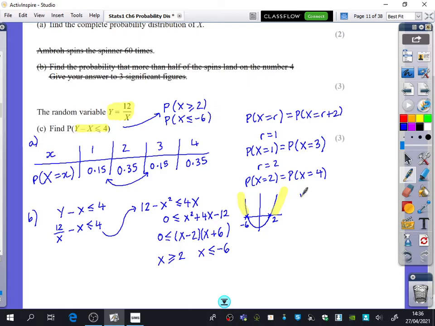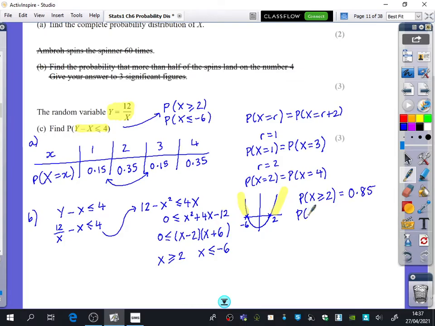So to finish this off, the probability that x is greater than or equal to 2 is what from here? What's the probability that x is greater than or equal to 2 for this game? 0.85. It's those three values there added together, which is 0.85.